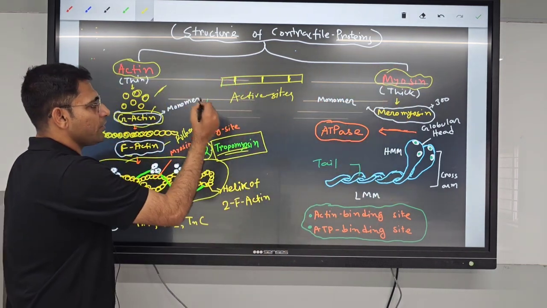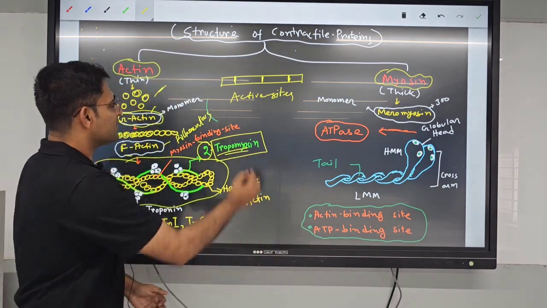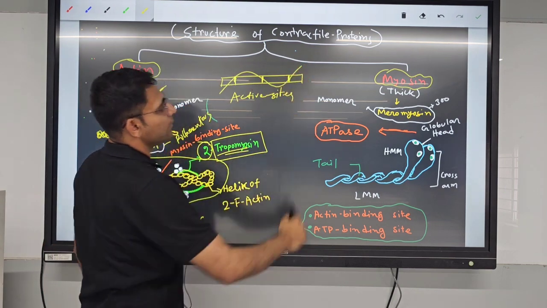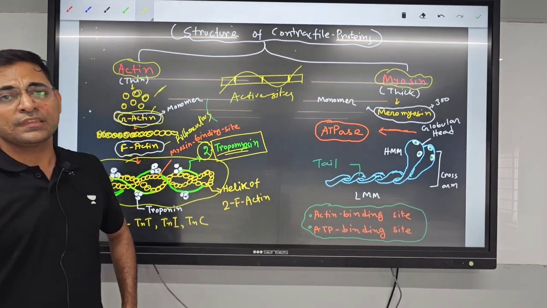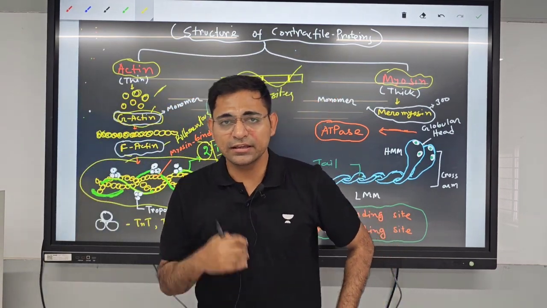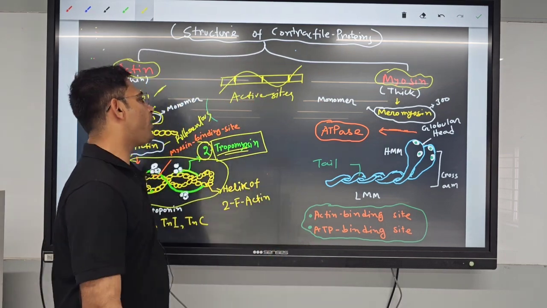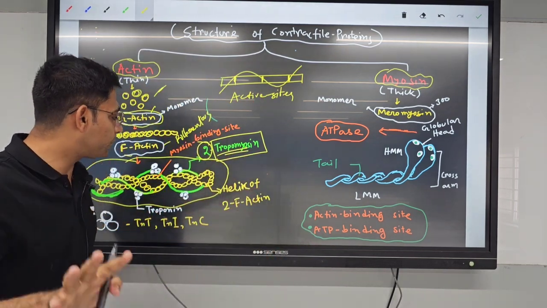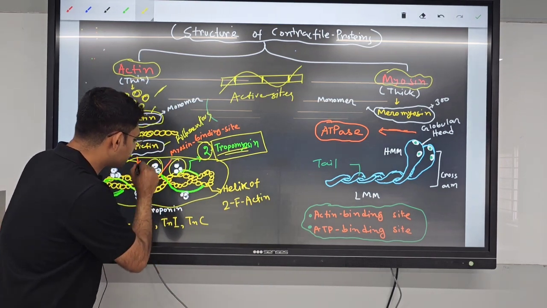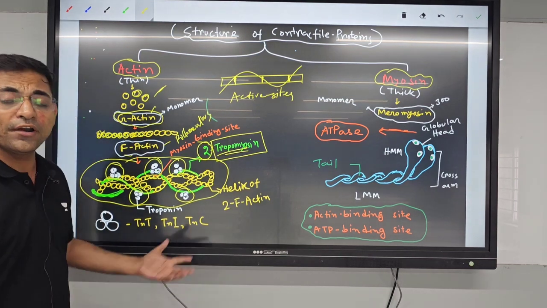In the normal condition, in the resting phase, these active sites get blocked by tropomyosin. But tropomyosin alone cannot do the masking or blocking. It needs the help of another trimer protein. So here you can see these trimers. These are called troponin.